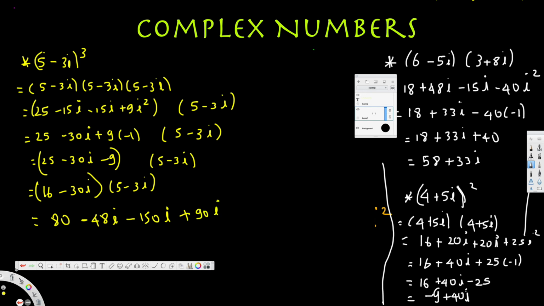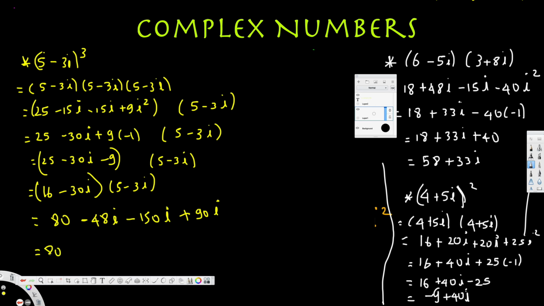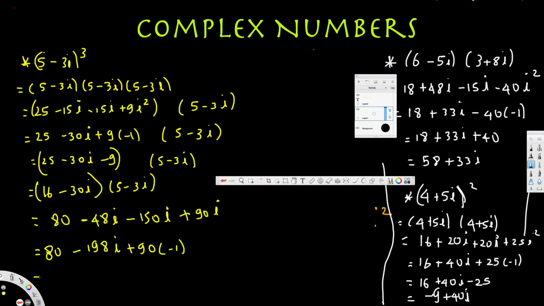Now let's add the like terms. 80, 150 plus 48, that's negative 198i, and 90i squared is negative 1, so I put negative 1 right here. So this is going to become 80 minus 198i, and then here we are going to get negative 90. 80 minus 90, that's negative 10, so we are going to get negative 10 minus 198i, and that's our final answer.